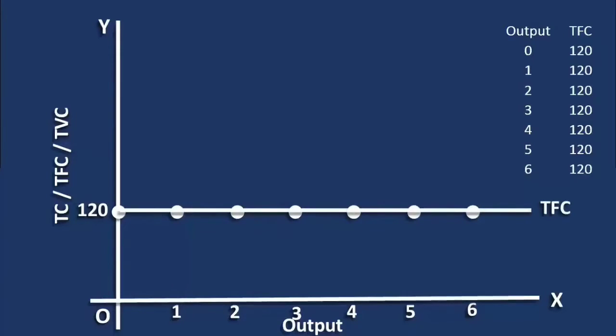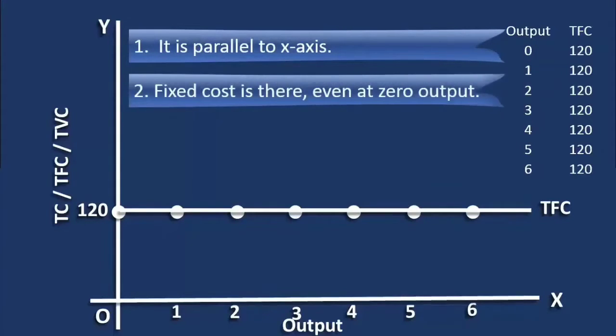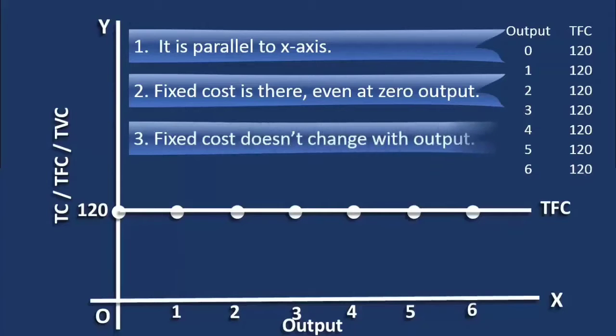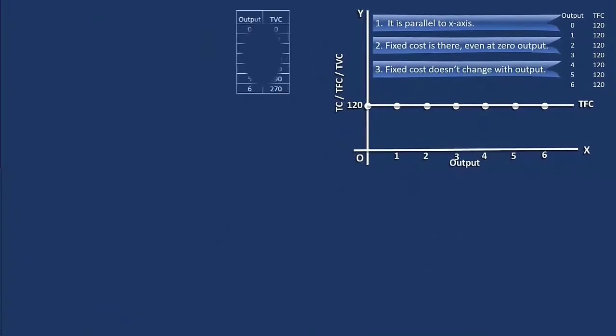The points are plotted in the diagram, and the line joining all the points is the TFC curve. Number 1, it is parallel to the x-axis. Number 2, fixed cost is there even at 0 level of output. And number 3, fixed cost doesn't change with the output. So this was the total fixed cost.